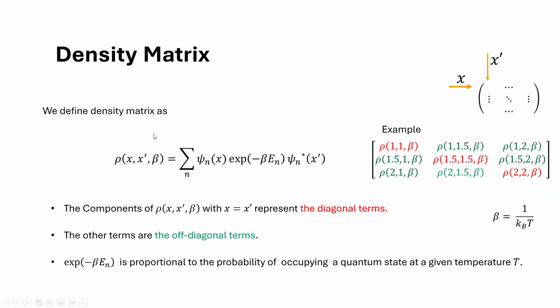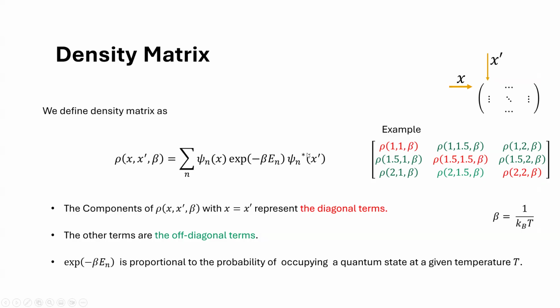So we defined a density matrix using this expression. Rho of x, x prime, and beta is equal to the sum of psi n of x times exponential of minus beta En times psi n star of x prime.